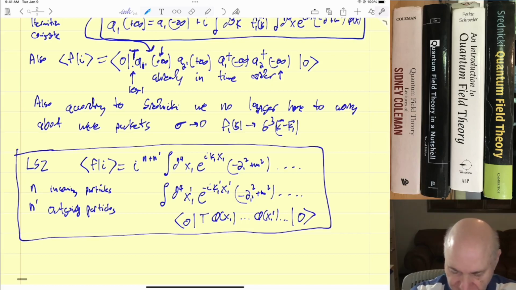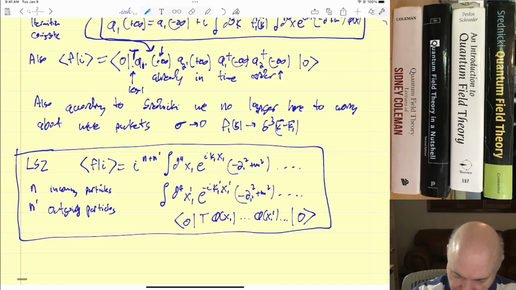So again, let's say you have two particle scattering, then you'd have n equals 2. You'd have a k1 incoming particle, then you'd have another term with k2, and then you'd have two outgoing particles, n prime, but it doesn't have to be that way. You could have two phis come in, and depending on the interactions, 4 or 6 phis go out, so it depends.